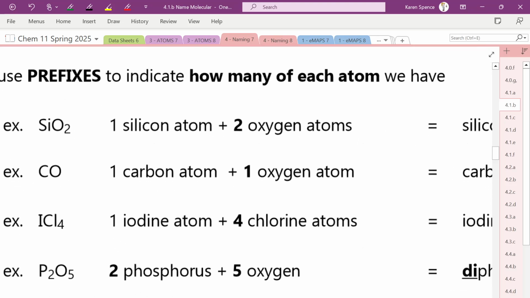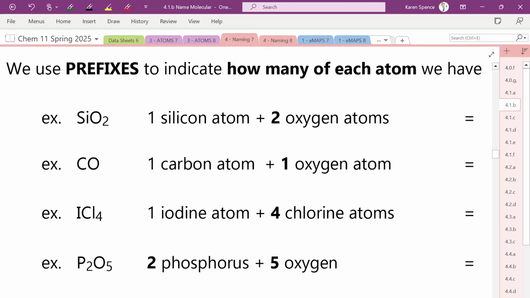Okay, and then we go into how do you name them? If we have one of the first element, no prefix. This is the weird bit.